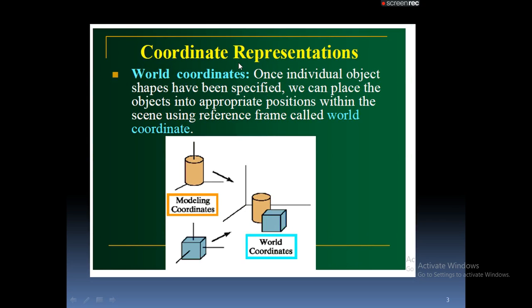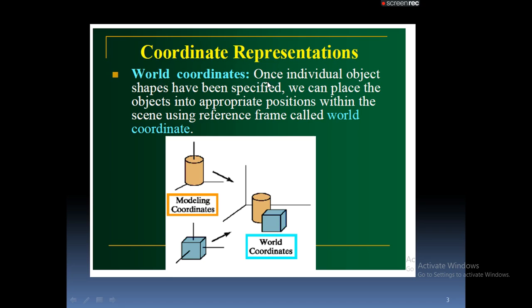Next, we need to convert modeling coordinates to world coordinates. After representing each object of the image in a separate Cartesian reference frame, we need to represent those in world coordinates.